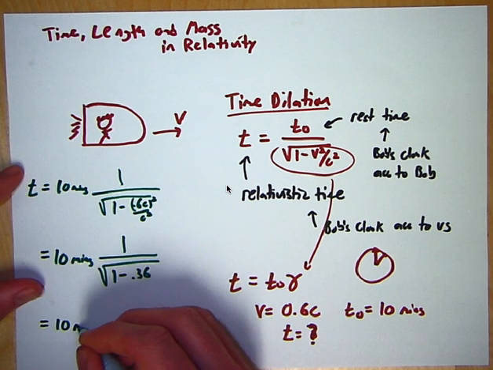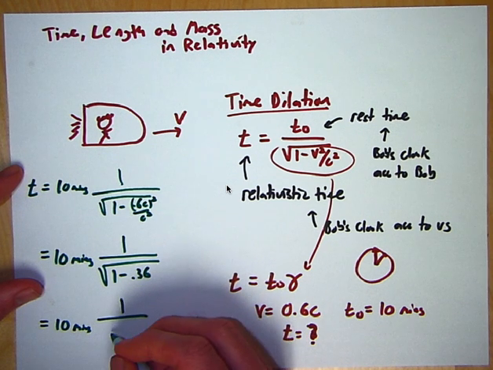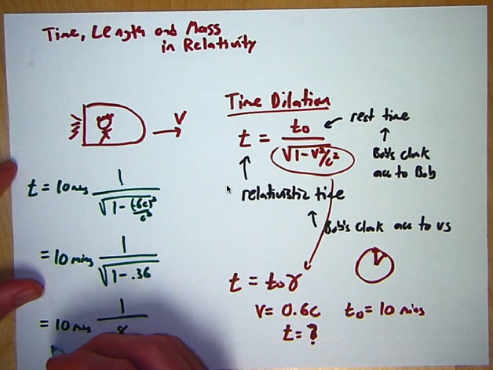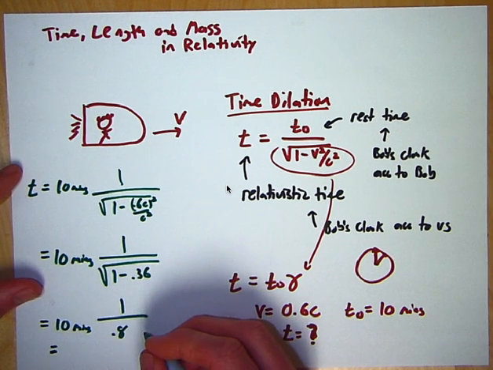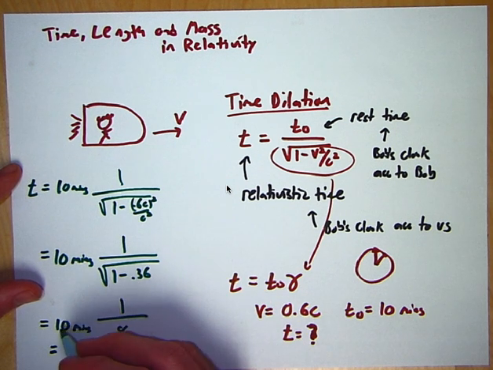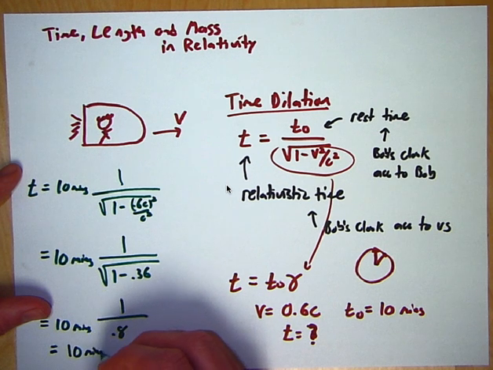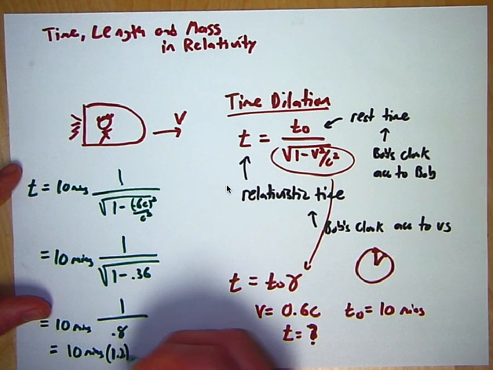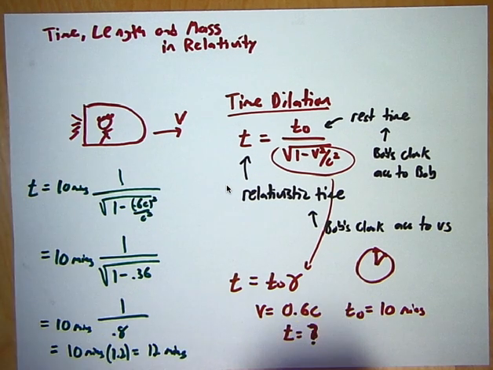So we get 10 minutes times 1 over 0.8, well, 0.8 is 4/5, so this is going to be 5/4. So we'll get 5/4 of 10 minutes. That's going to be 10 minutes times 1.2, so that'll give us 12 minutes, right? And so we're going to watch Bob's clock, and it's going to be ticking more slowly.